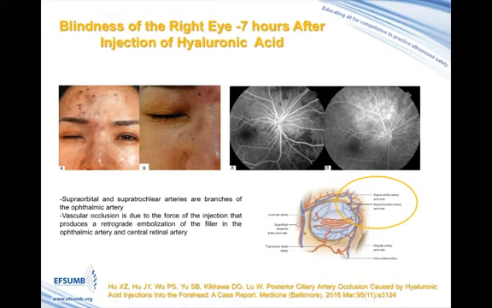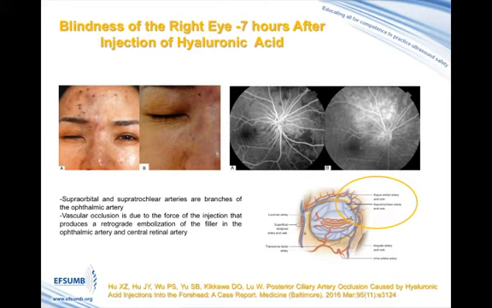This area that is close to the glabella is one of the most risky zones for injections, and of course it is not recommended for injecting filler.